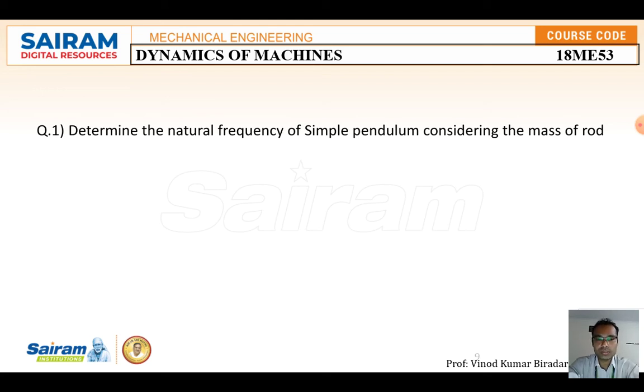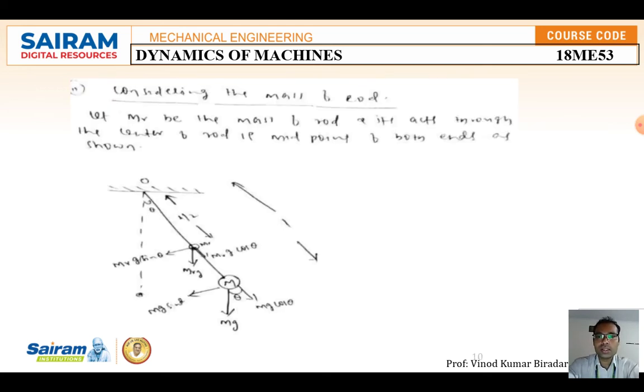So look at the first PPT. Now the question is given. Let us draw a simple pendulum. I have drawn a simple pendulum that is fixed at point O, and it rotates through 360 degrees in a swing. Here m is the mass of the simple pendulum.